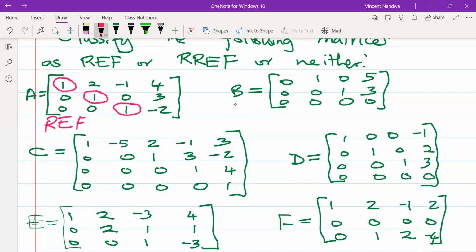Does it qualify to be in reduced row echelon form? Why?